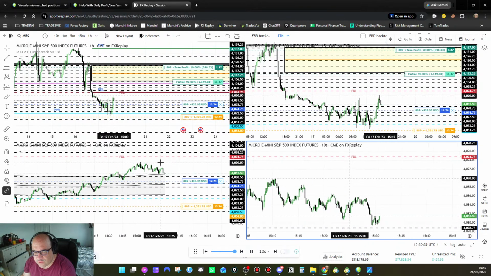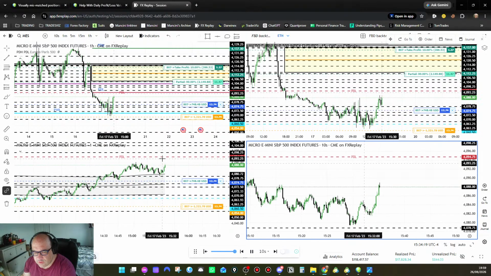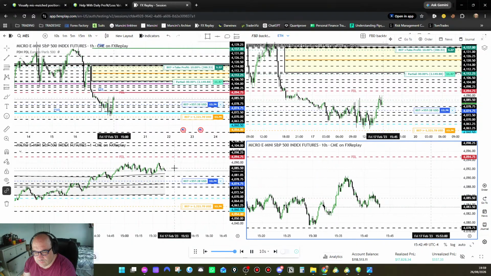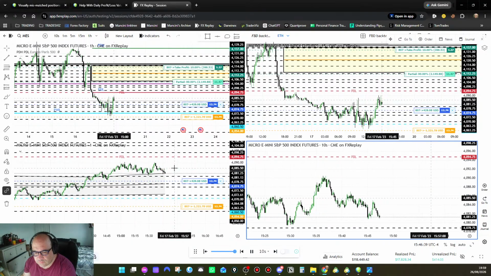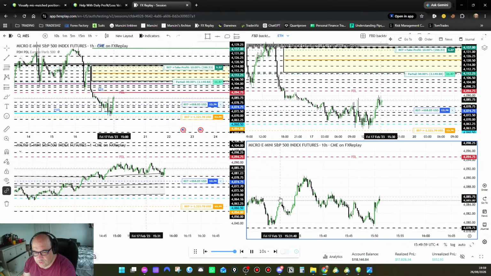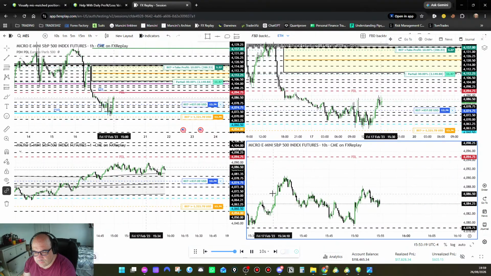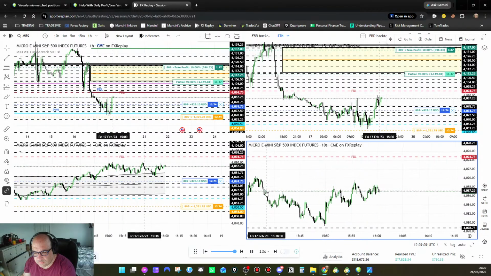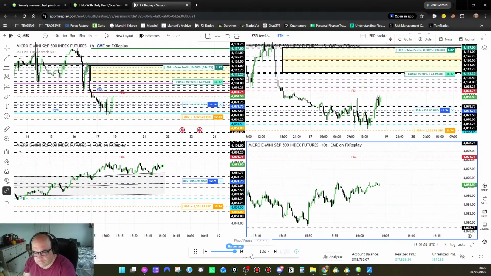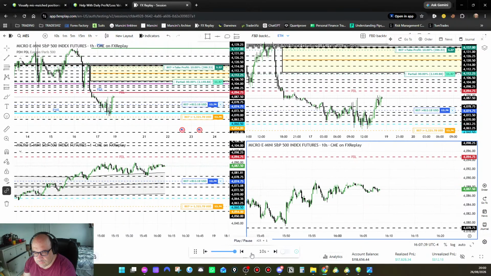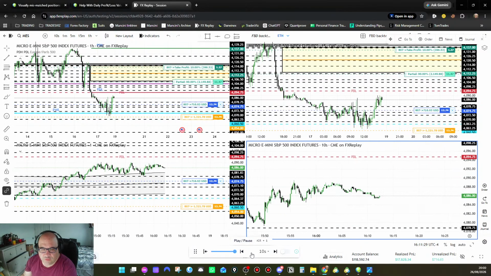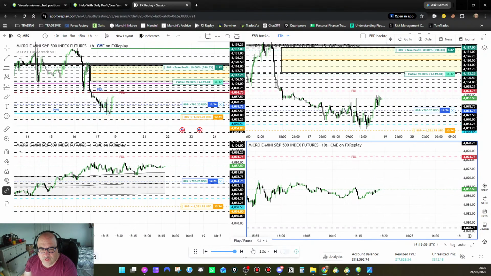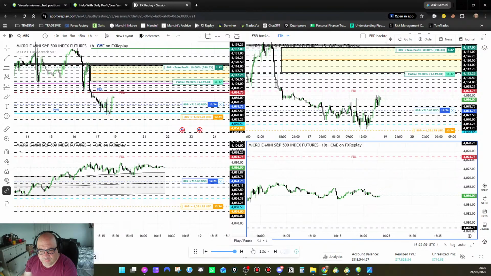The sellers at the previous day low are pushing. We're at the closing now. So we managed to get very close to the previous day low, but we haven't reached the previous day low.